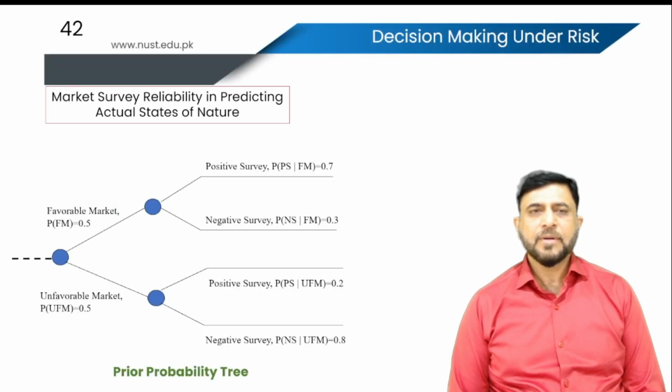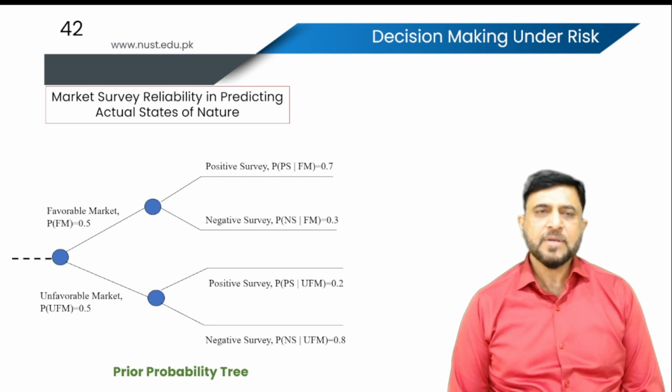We can solve it with the first step. We can write it on the tree diagram where we have favorable market and unfavorable market known to us, 50% chance for both. If market is favorable, we have two choices: positive survey may be there or negative survey. These are two possibilities.